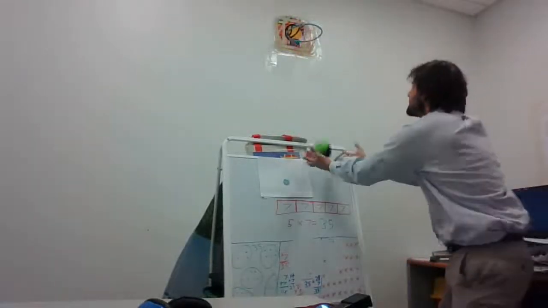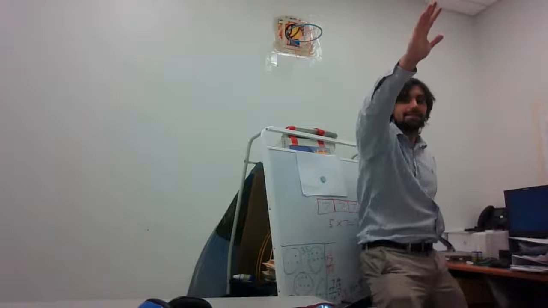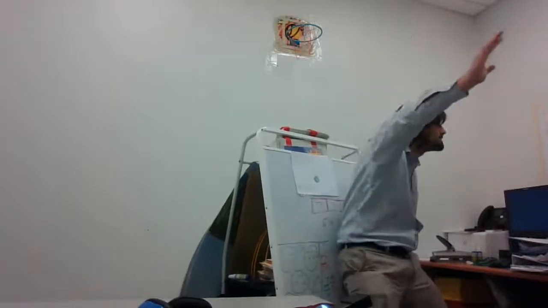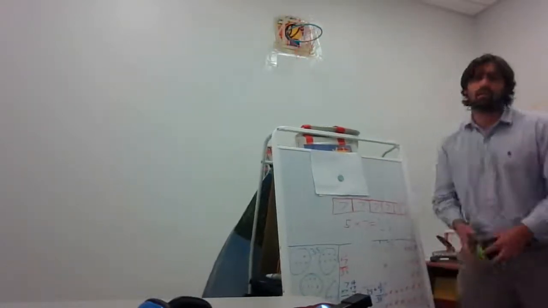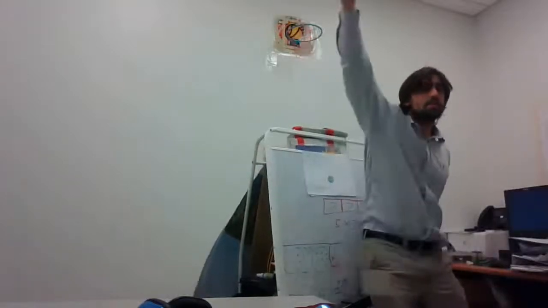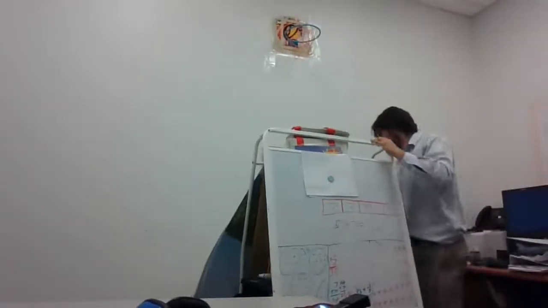All right, here we go. It's a little different when you got a defender on you. Gotta be careful. They'll call you for an offensive foul. You get a ref that's really... Here we go.